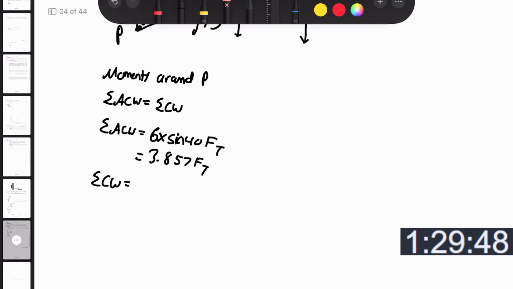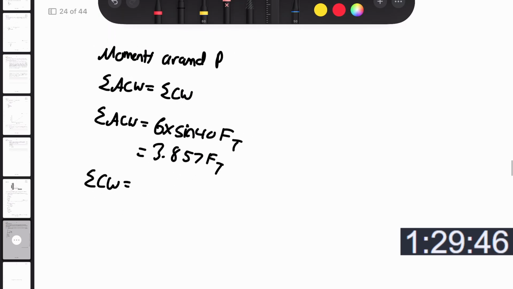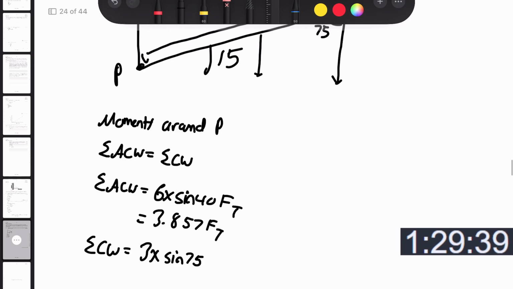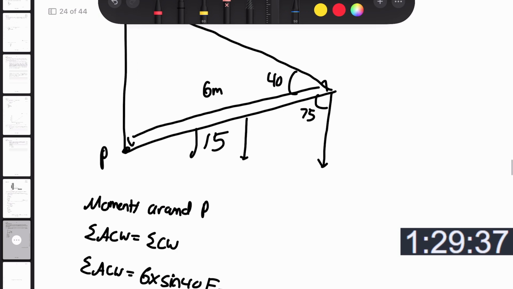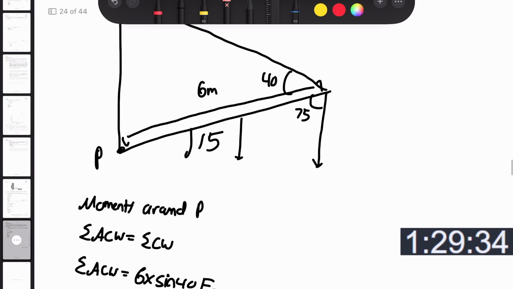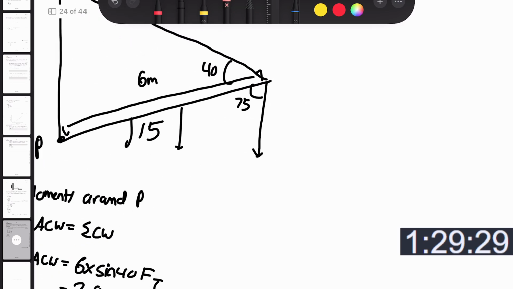So clockwise is going to be 3 times sine of 75, that would be cosine of 75 actually. This is my weight force. Oh no, because that's what I want, isn't it?